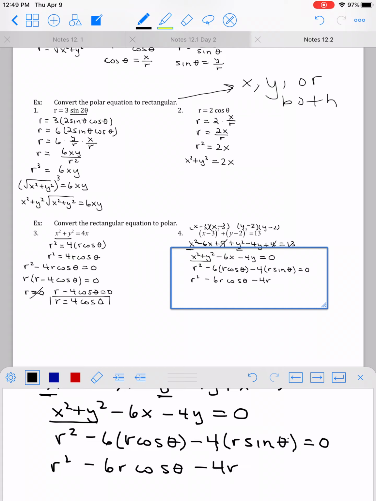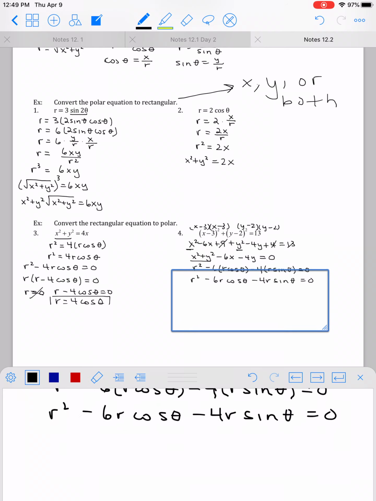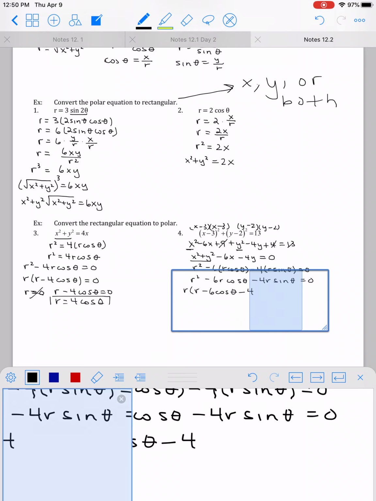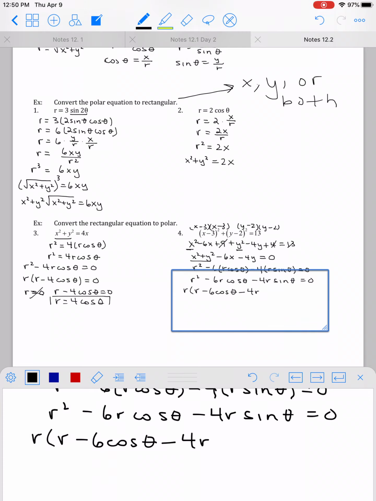Now what you should see, we do have 3 terms on the left side, but I do have a GCF. So I'm going to go ahead and pull that. So r times r minus 6 cosine theta minus 4 sine theta equals 0.